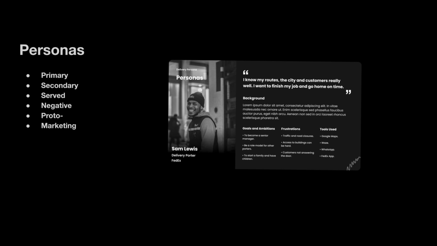Now, one more caveat about proto-personas. When you're starting a new project with a team, proto-personas help you see where you're aligned and out of alignment during your stakeholder interviews. So use proto-personas as an entrepreneur on ourselves. It's okay to start with yourself. It's a hypothesis. Later on, it becomes a primary or secondary or served persona or whatever.